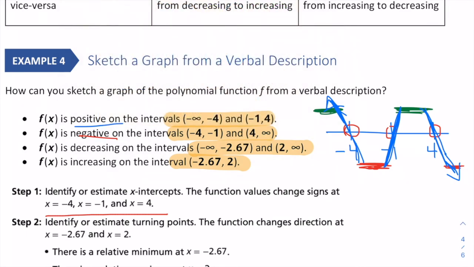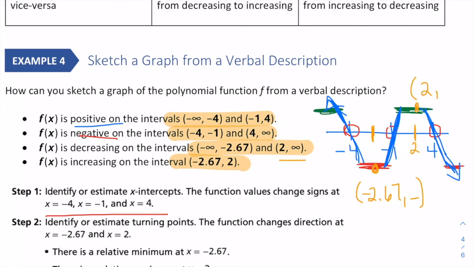So we have -2.67 right here. I'm going to put this right here. This is -2.67 and some value for y. And then we have another turning point at 2.